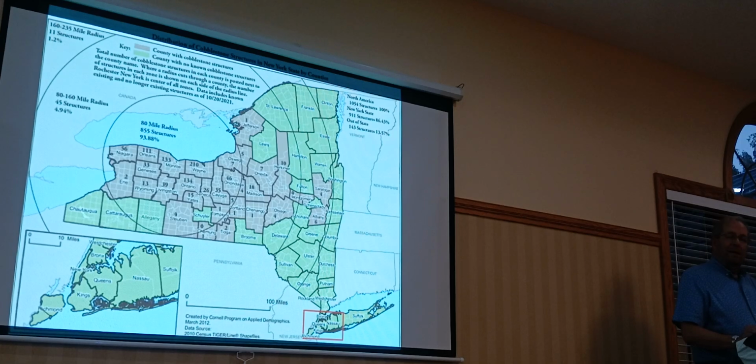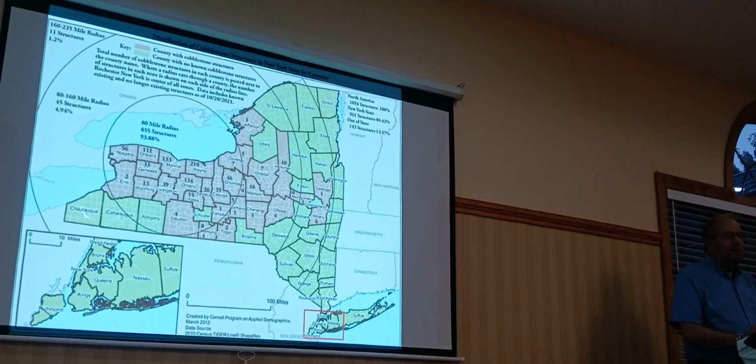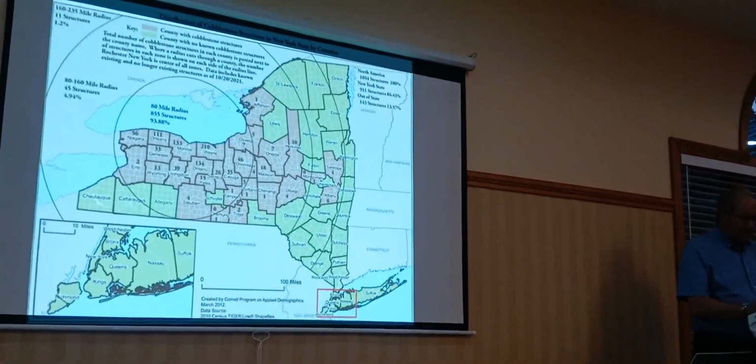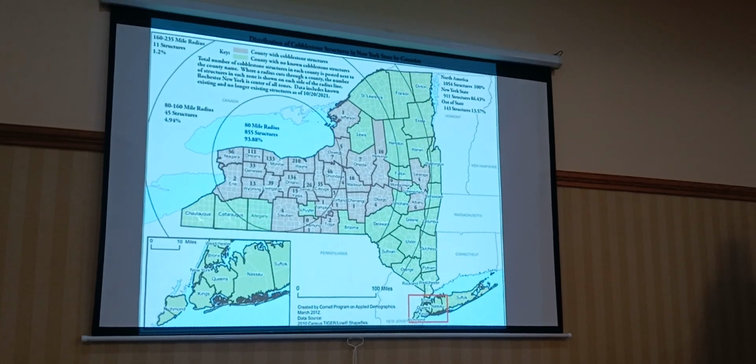It's called the Cobblestone National Historic Landmark District. That happened in the early 1990s, and it's been a blessing for us. It's allowed us to apply for different grants that may not have been available to us without the National Landmark status.